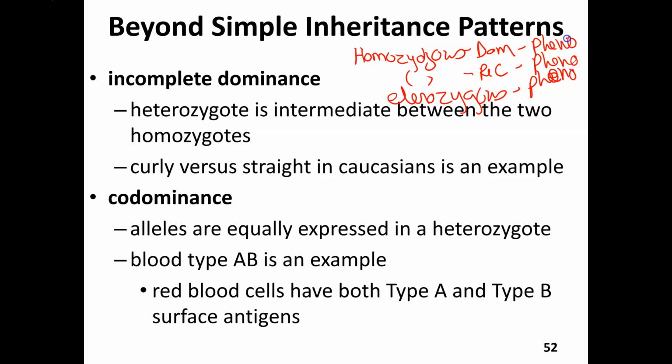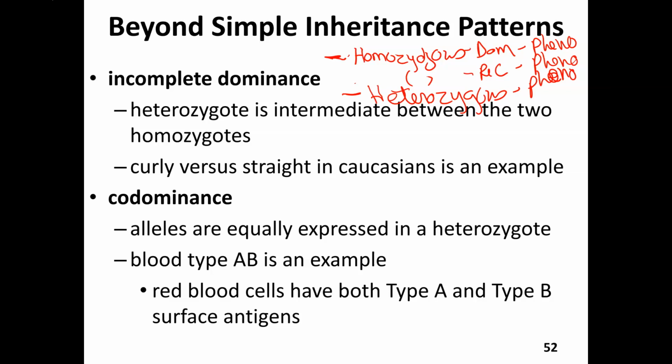So normally in complete dominance, which we've talked about before, the homozygous dominant and the heterozygous have the same phenotype. But now we have three different phenotypes. The heterozygous organism is different from both the homozygous dominant and the homozygous recessive. An example is hair curliness.